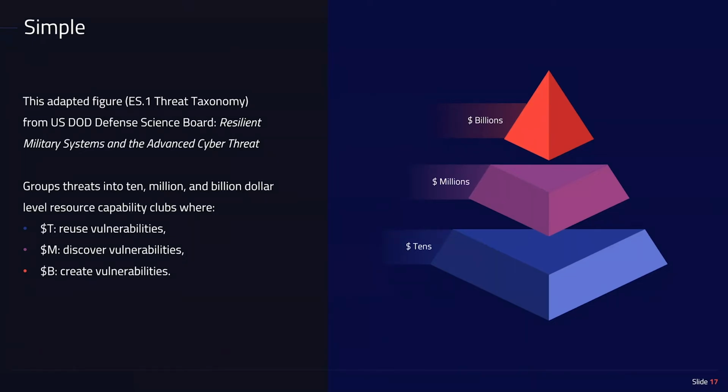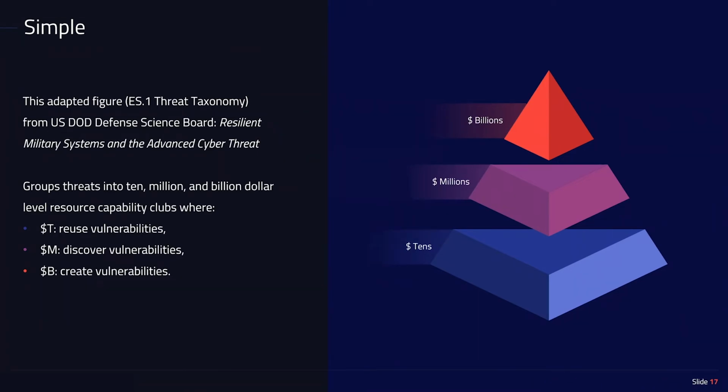This is an adaptation of the executive summary, figure 1, from the United States Department of Defense Science Board's paper, Resilient Military Systems and the Advanced Cyber Threat, wherein the Defense Science Board briefed the Office of the Secretary of Defense in a publicly available report, which you can download, to say that the cyber threat that exists can basically be grouped into 3 types of attackers.